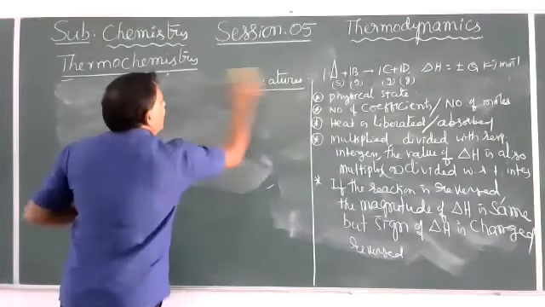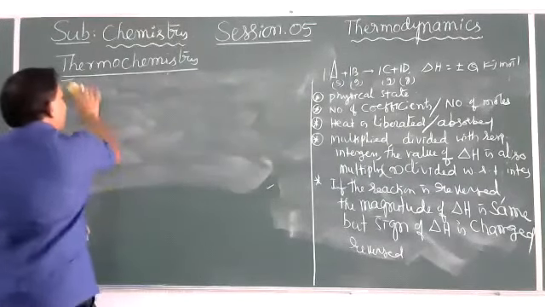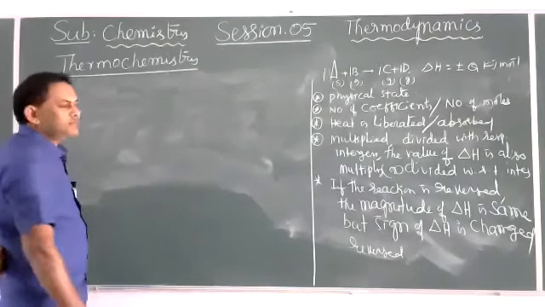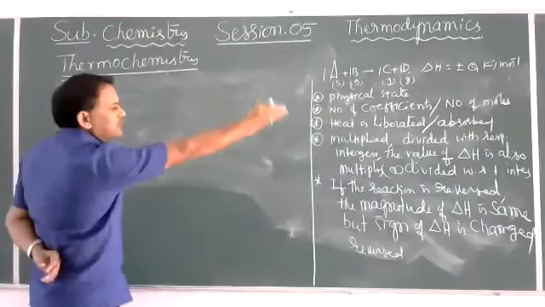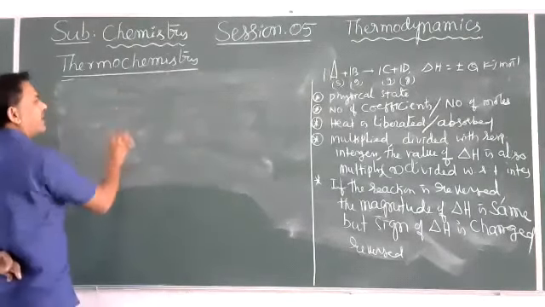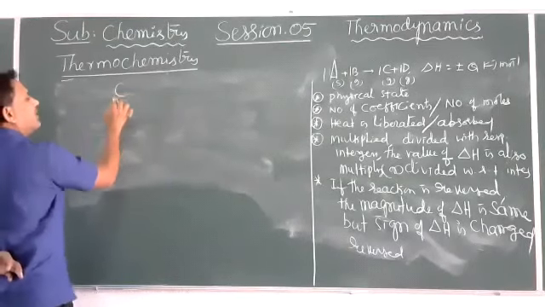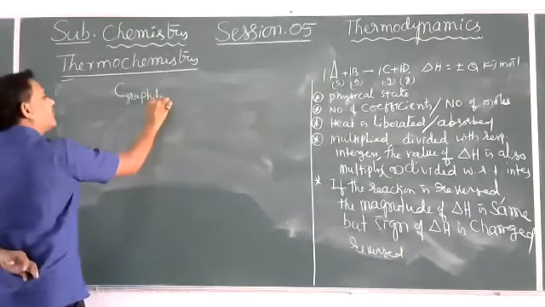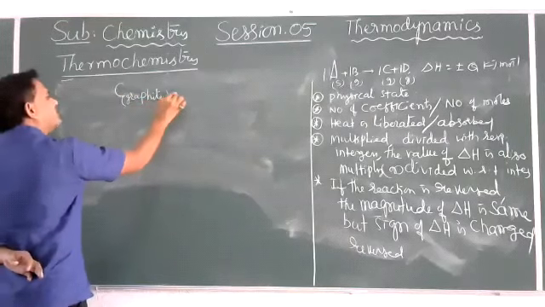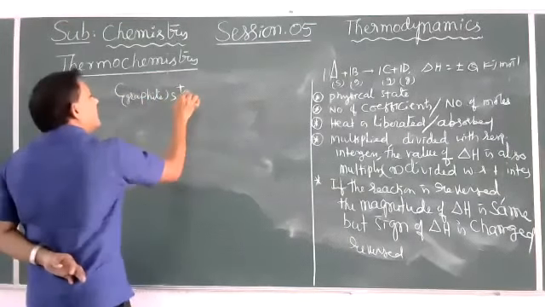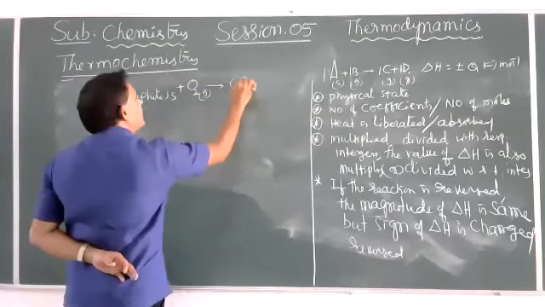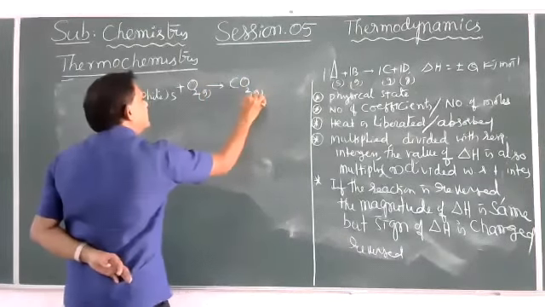Now I will write a very simple example using all this. Carbon is in the graphite state, an allotropic form. It is a solid. It reacts with oxygen gas to give carbon dioxide, also a gas.